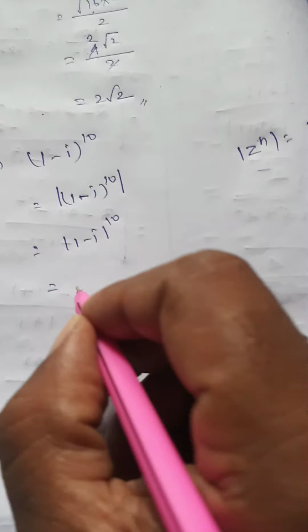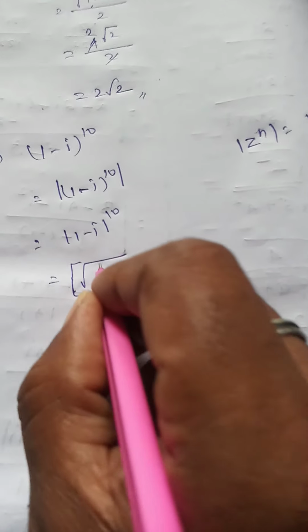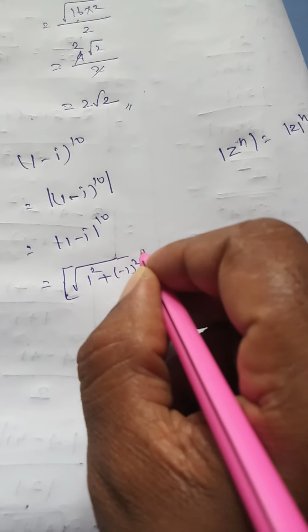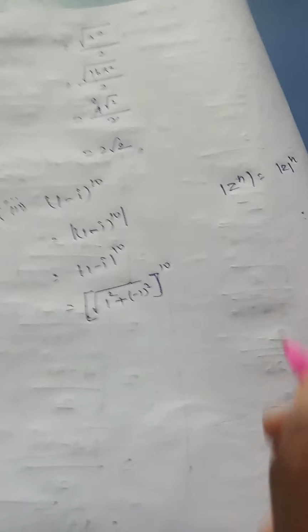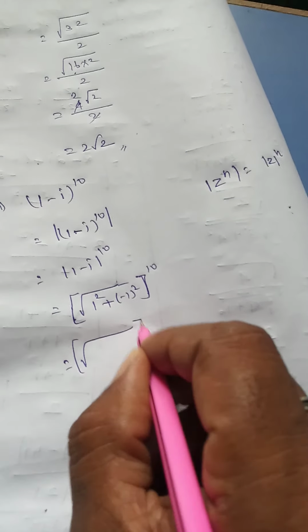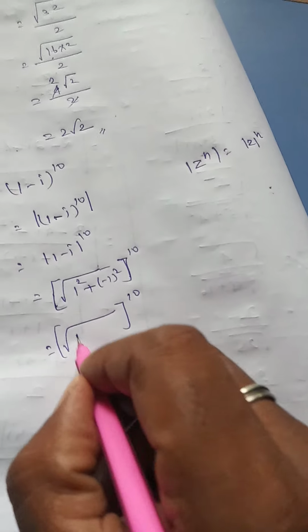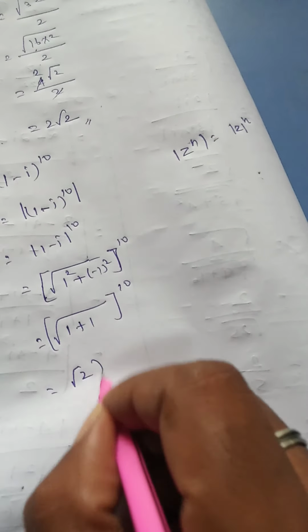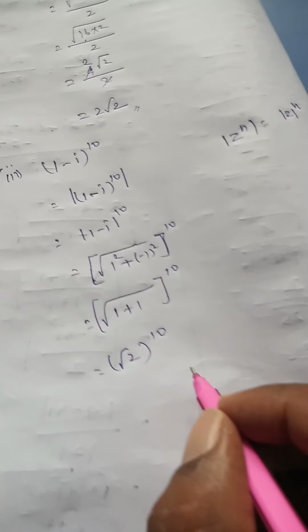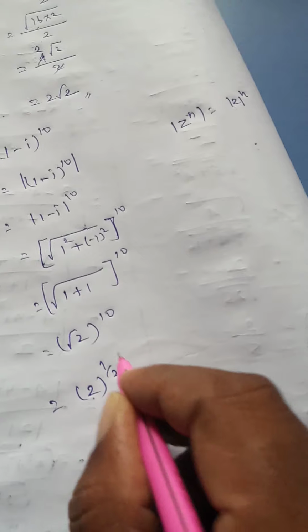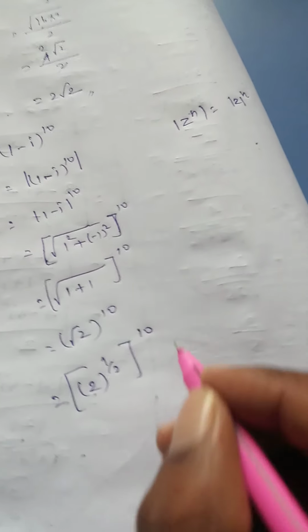Then the modulus symbol: square root of 1 squared plus minus 1 squared, whole power 10. 1 squared is 1, minus 1 squared is 1. Then square root of 2, power 10. The square root value is power 1 by 2, then whole power 10.